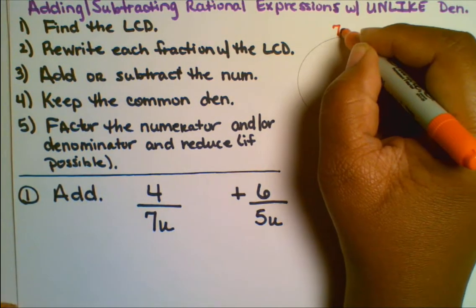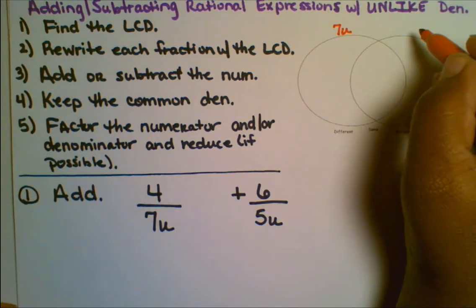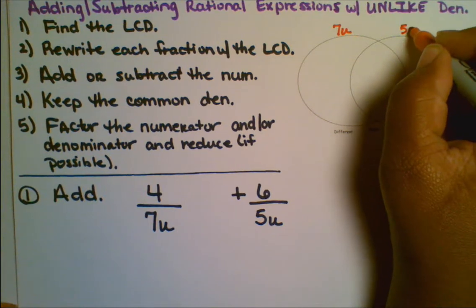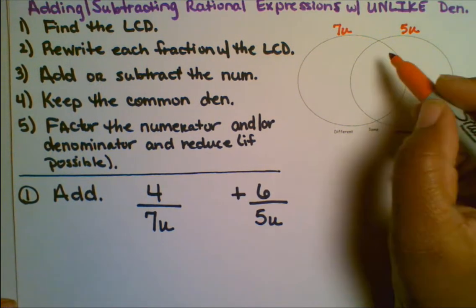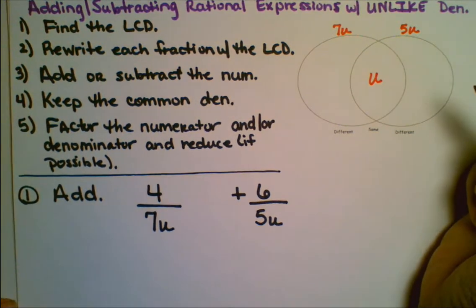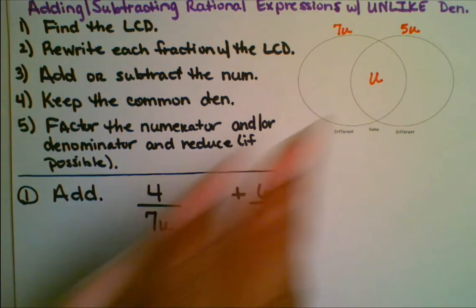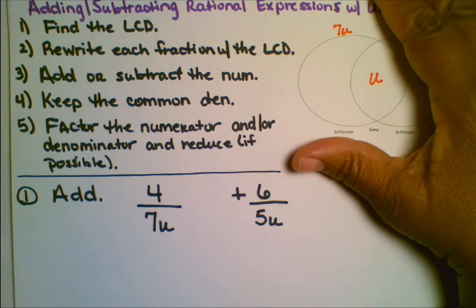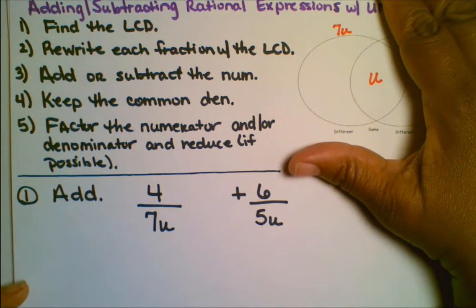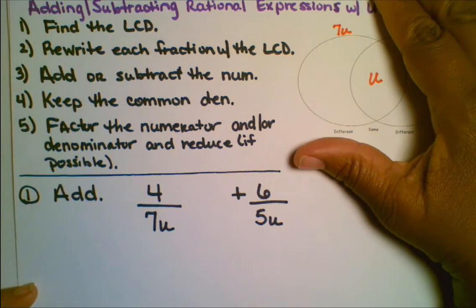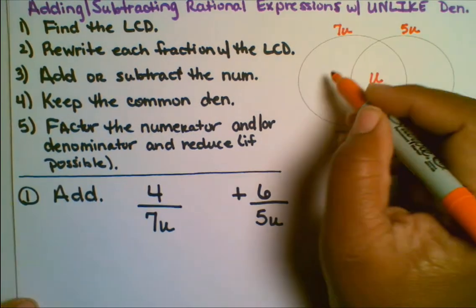So the first circle will represent 7u, the second circle will represent 5u. My question to you is, what's the same? The u. And then what will be different? We want that first parenthesis. So in order for this to equal 7u, we're going to place a 7 there.